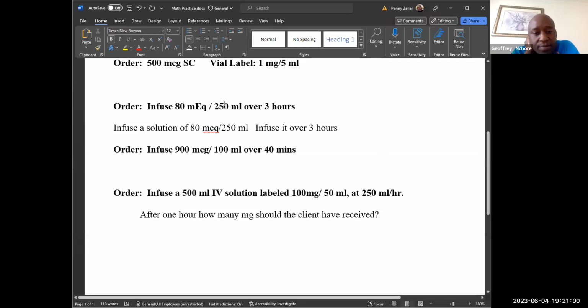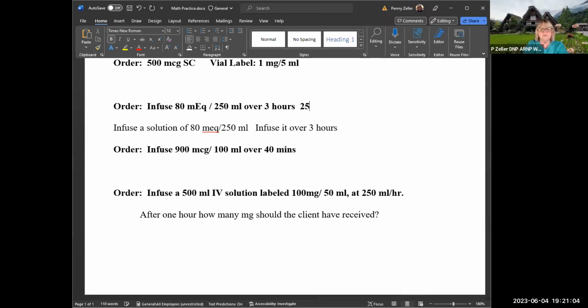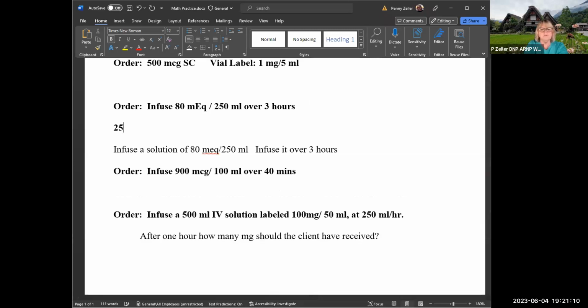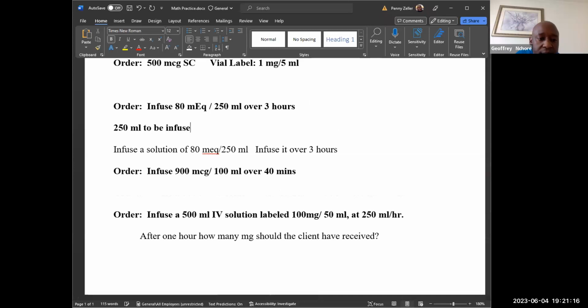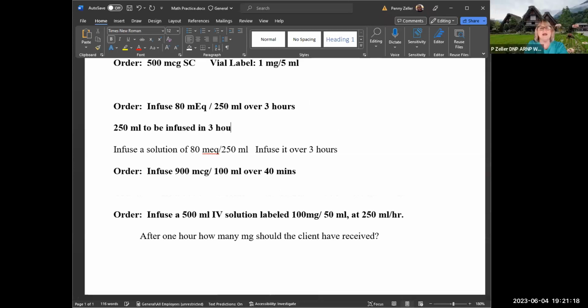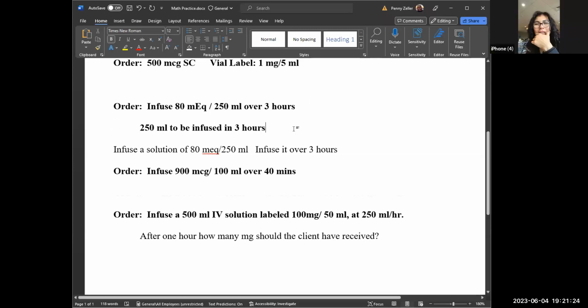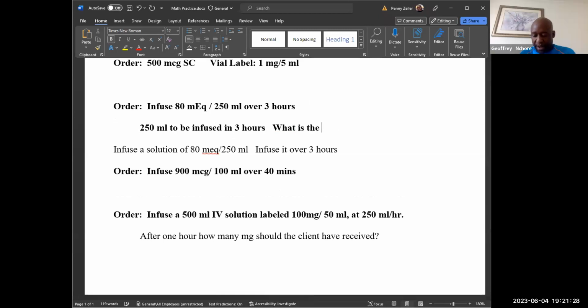Okay, I got you. We need 250 mL to be infused in 3 hours. That's what they're asking you. Would you please get this in 3 hours? So you divide 250 by 3 hours, right?